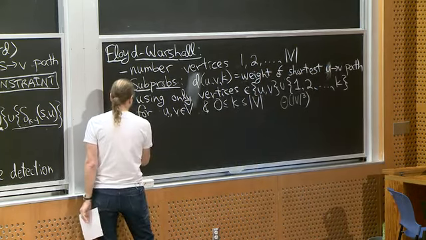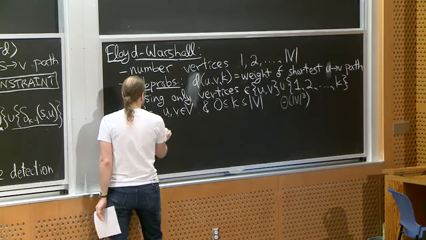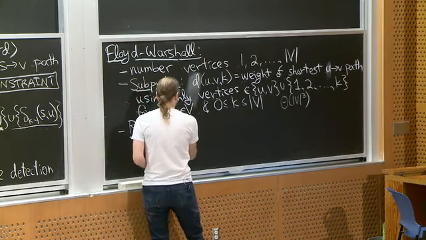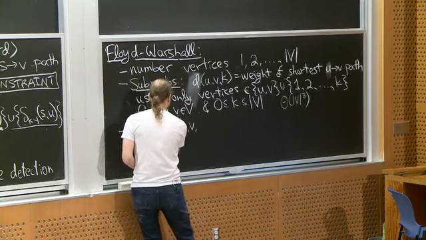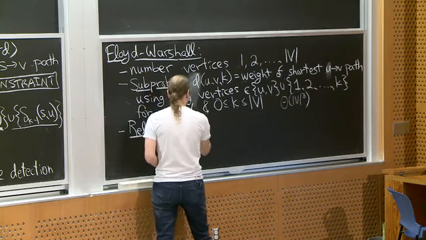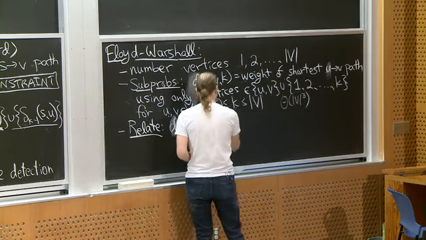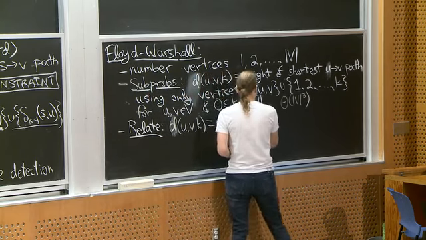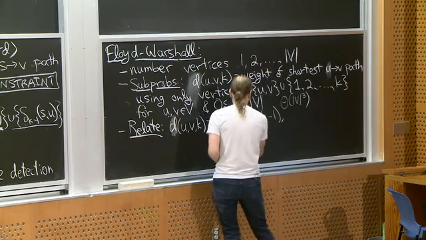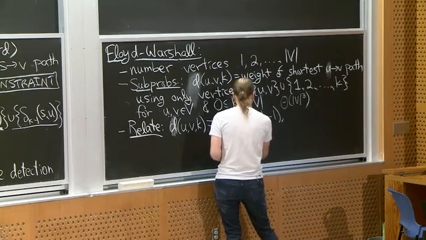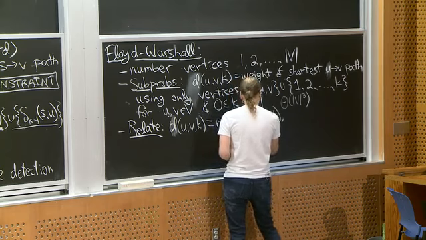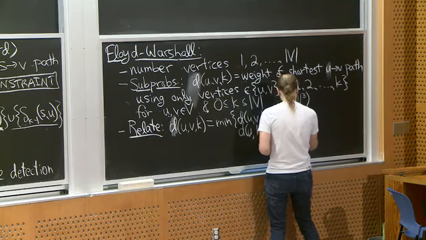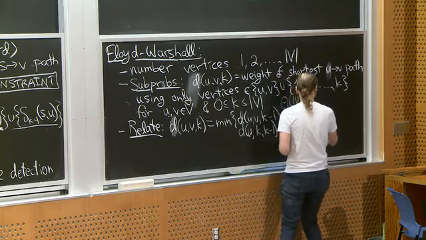But the key thing is, that sounds like a lot, but the relation becomes cheaper now, because I can just write d of u, v, k is the min of 2 things: d of u, v, k minus 1, and d of u, k, k minus 1 plus d of k, v, k minus 1.